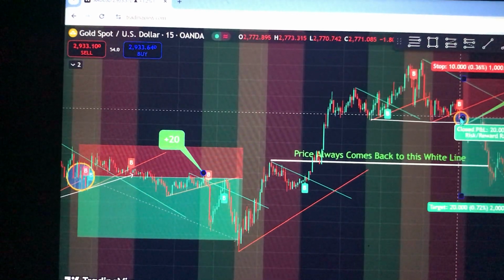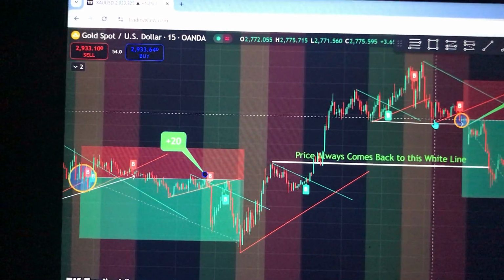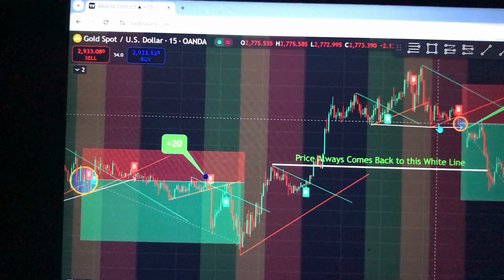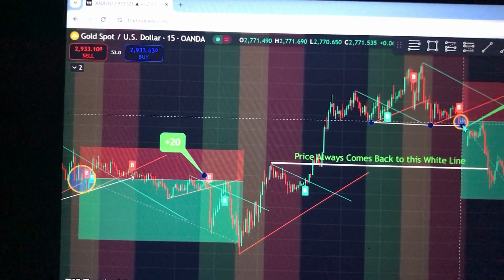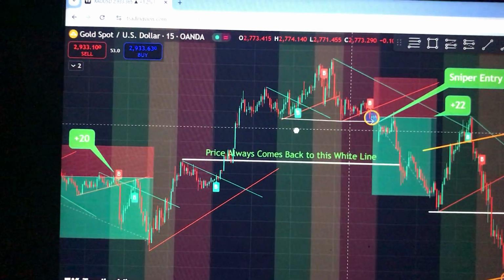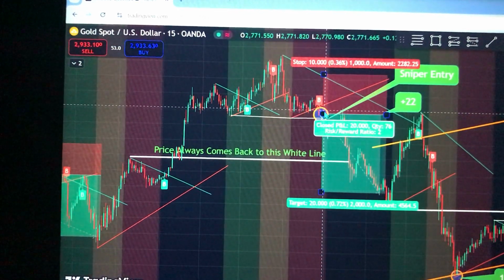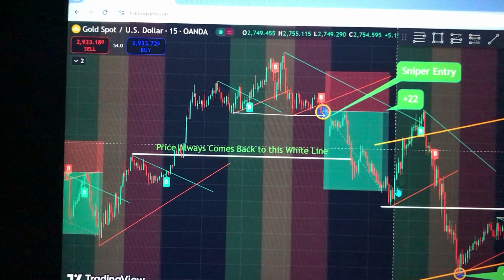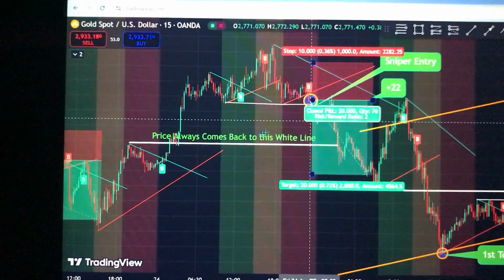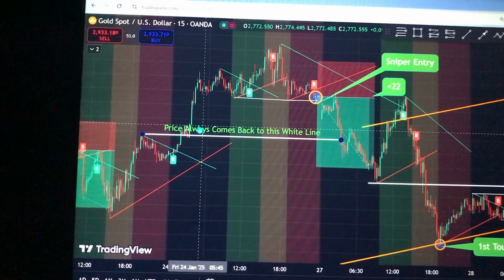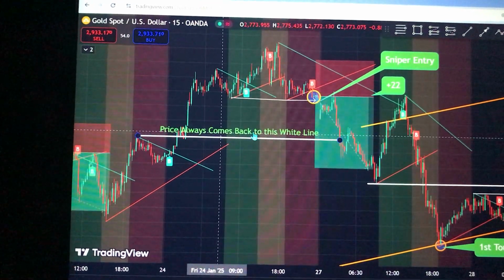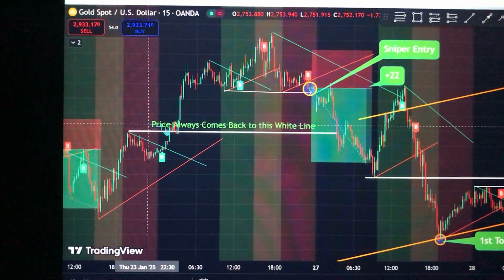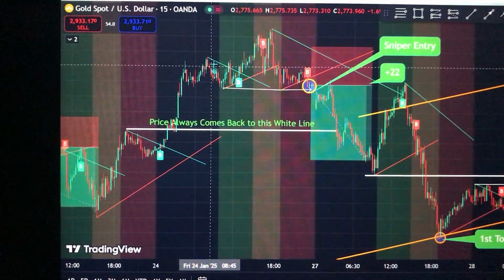As soon as you get this break on a second red trend line, this was the first red trend line, second red trend line, you enter, and as soon as you enter, most of the time price will go to take profits if you have a risk to reward ratio of 1:2. As you can see, price always comes to this white line. Price always comes to this white line after breaking.